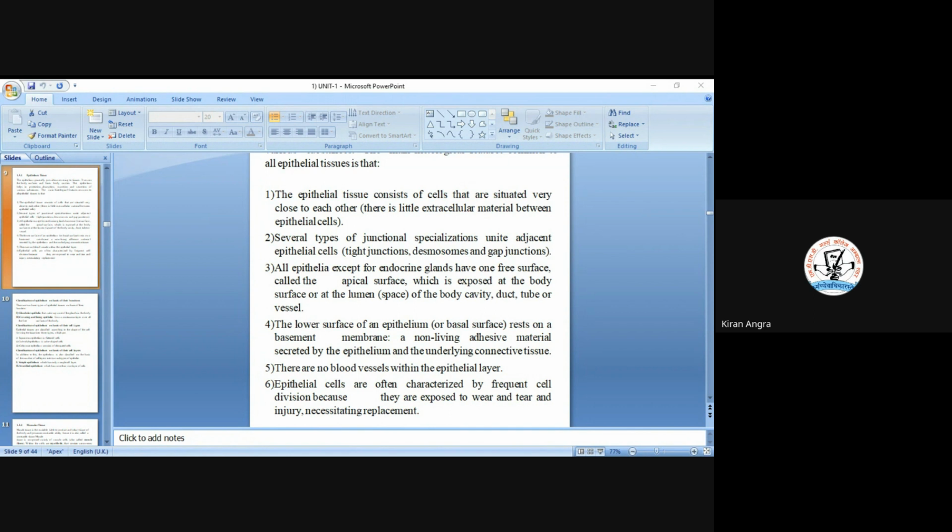So now you have epithelial tissue. Second is your muscular tissue. Muscle tissue, as the name says, is an excitable tissue of the body and possesses contractile ability. Hence, it is also called contractile tissue.